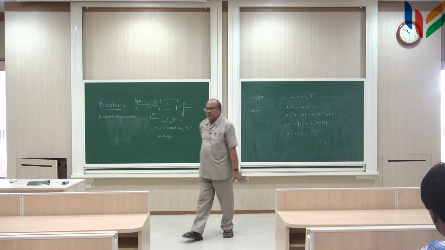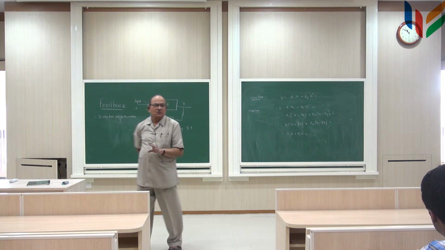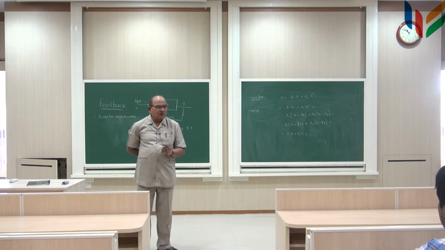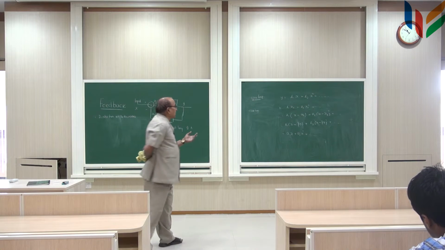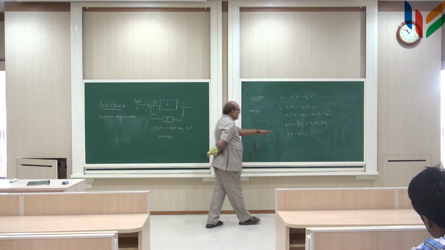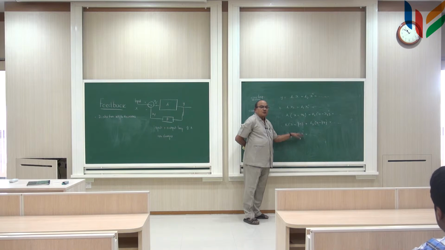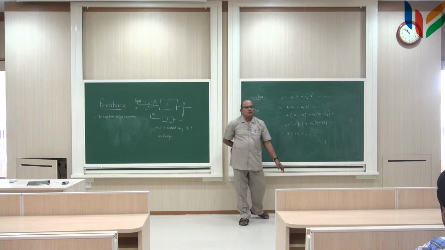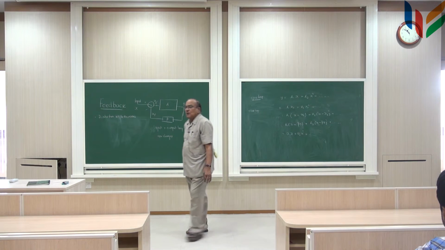Under no feedback condition, A1 and A2 are the coefficients corresponding to the linear term and the second order term, whereas in this case now a1 and a2 are the components due to the linear term and the second order term. This a1 obviously will depend upon A1, A2 and beta. So, let me find out the relation for a1 and a2, and similarly a3, and so on and so forth. How do we do that?